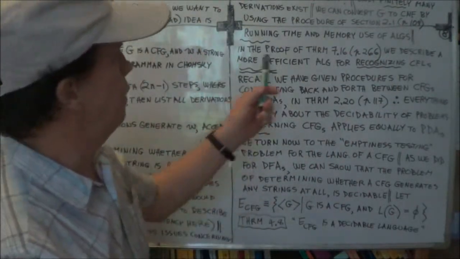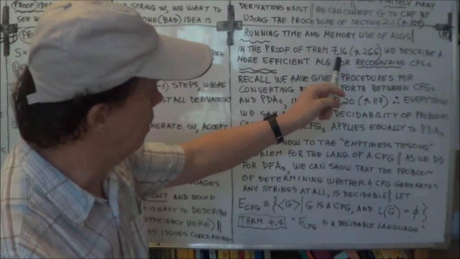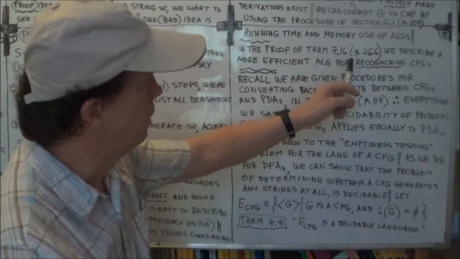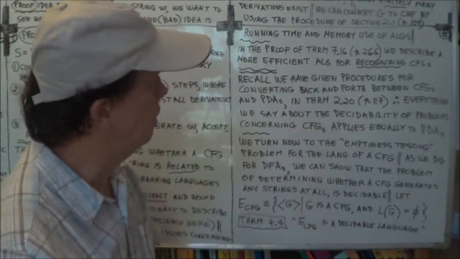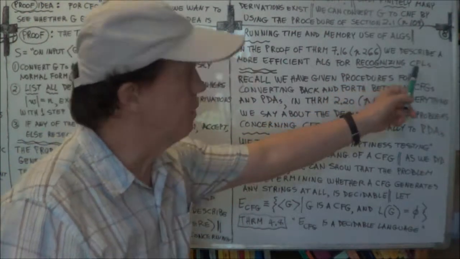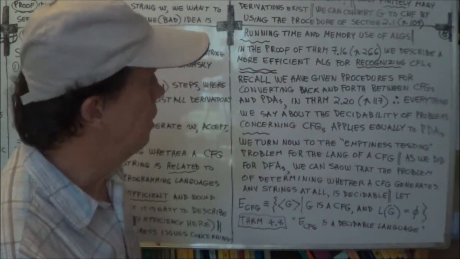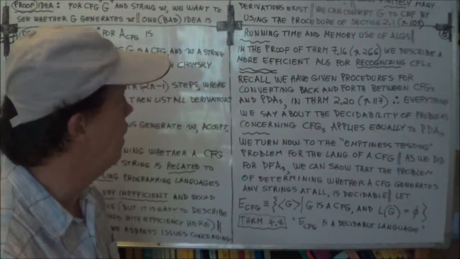So if you jump ahead quite a few chapters, go to theorem 7.16, on page 266 of your text, and there'll be presented a far more efficient algorithm to recognize a context-free language. Okay? Recognize.